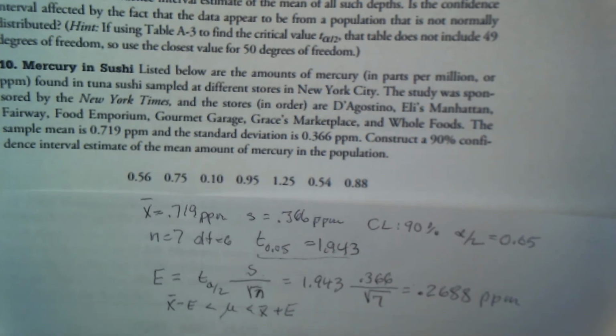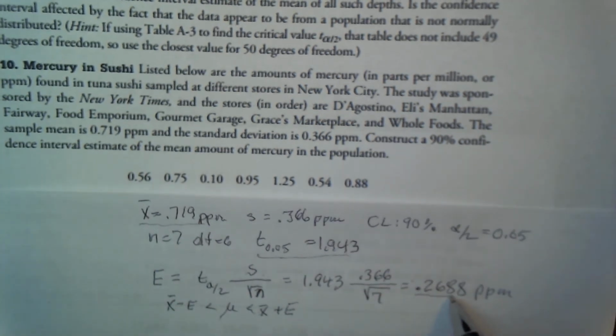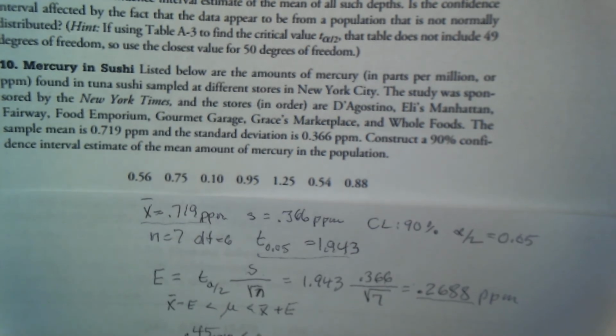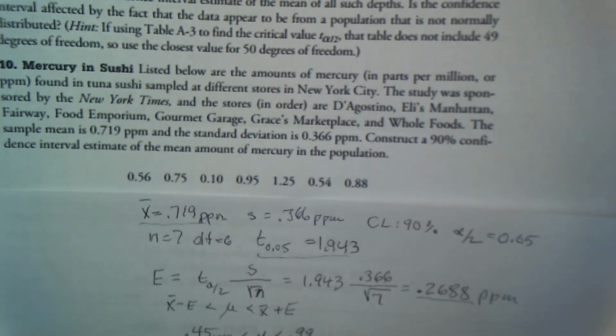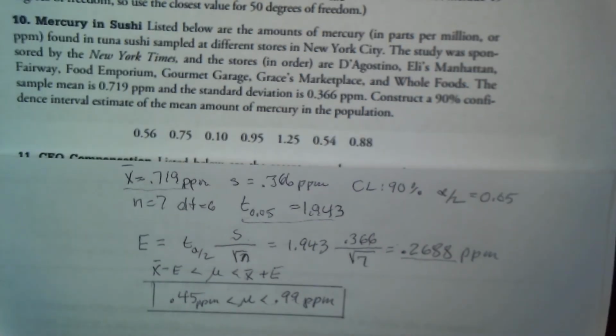By performing these calculations with a sample mean of 0.719 and the margin of error of 0.2688, our confidence interval is between 0.45 parts per million, less than the true population mean, less than 0.99 parts per million. So here's the confidence interval for exercise number 10.